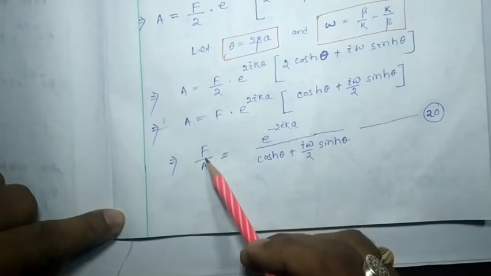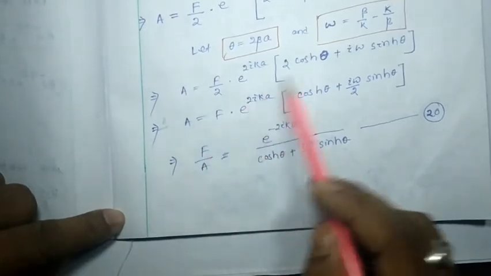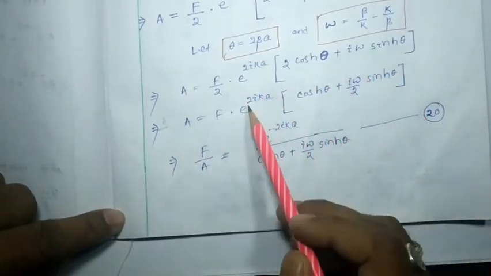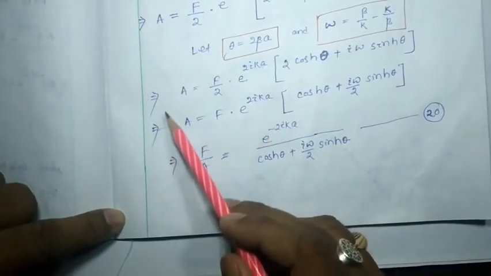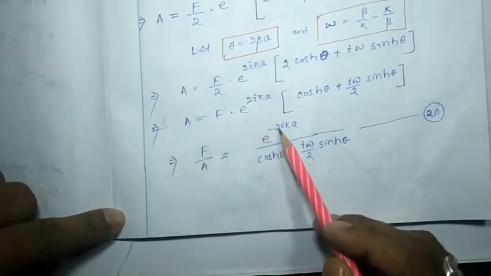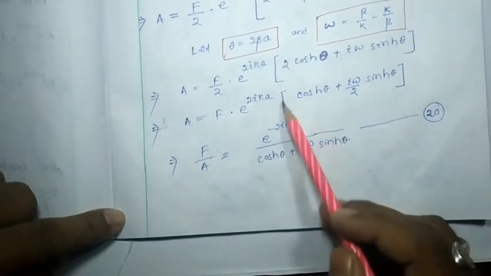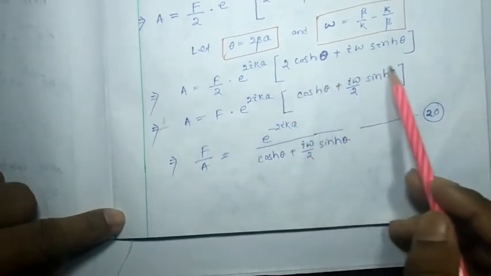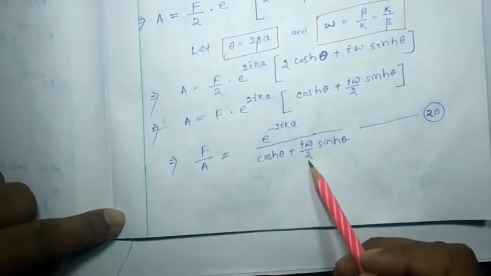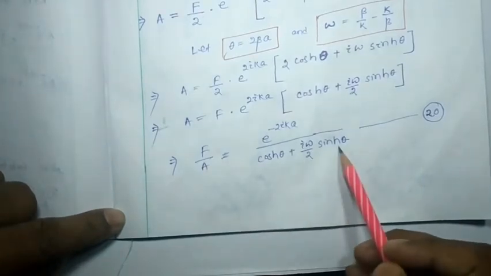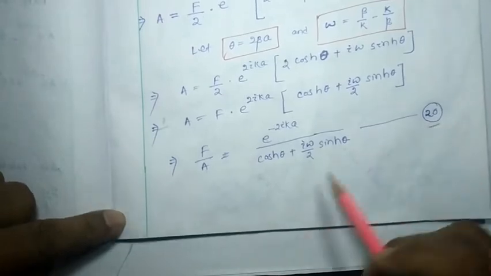So f by a we got, 1 by this much term. This much term means e to the power 2ik, so I can take it to the numerator as e to the power minus 2ik, and the denominator will be cosh theta plus i omega by 2 into sinh theta. Let it be equation number 20.